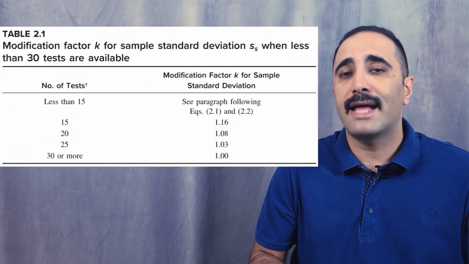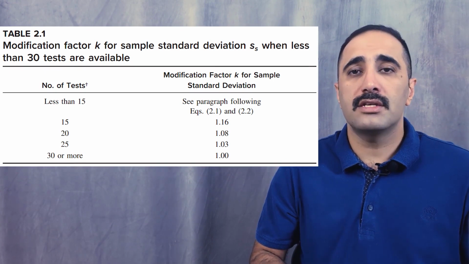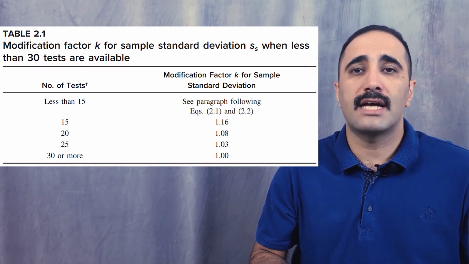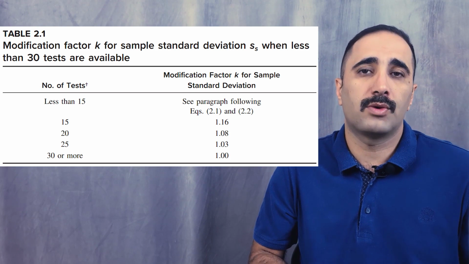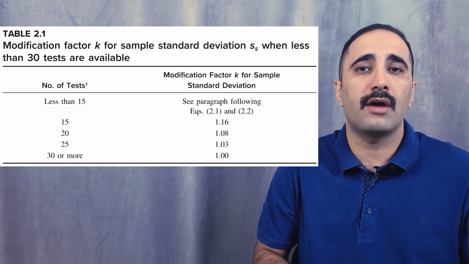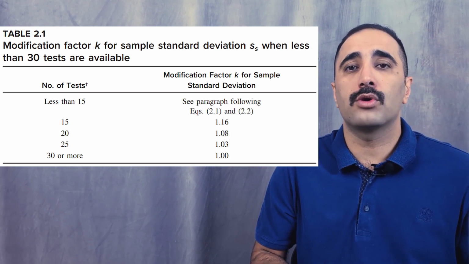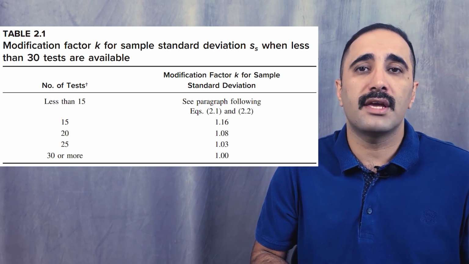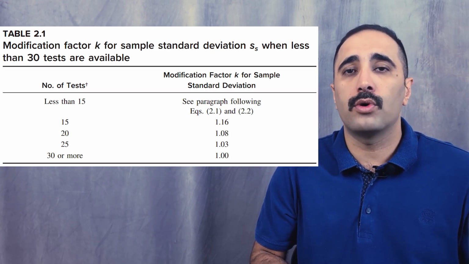In the second scenario, we have fewer than 30 tests, so the standard deviation estimation is less accurate. In this case, we must multiply the calculated standard deviation by a modification factor. This modification factor increases as the number of tests decreases. For example, with 25 tests, it is 1.03, and with 15 tests, it jumps to 1.16.